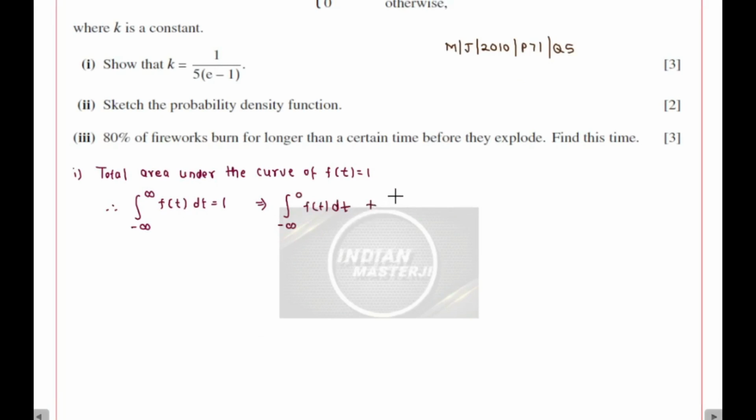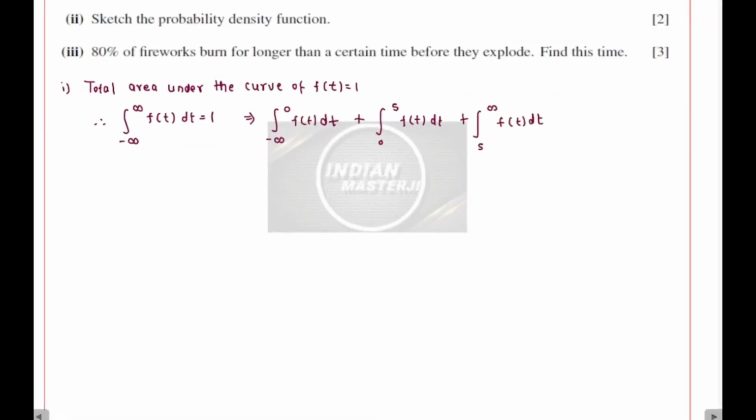So can I say, from minus infinity to 0 f of t dt, I'll split this whole integration into 3 parts: 0 to 5 f of t dt plus 5 to infinity f of t dt. For the interval from minus infinity to 0, the value of f of t is 0.